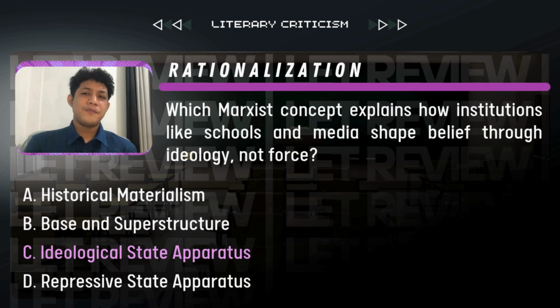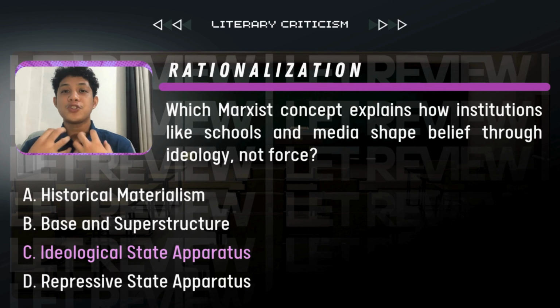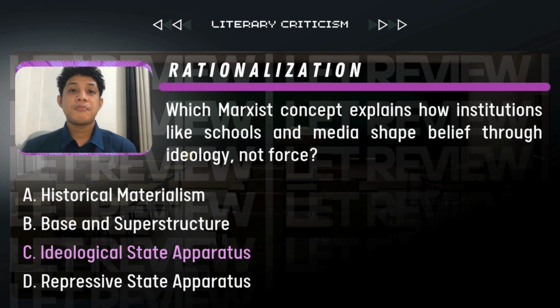So overall, letter C, because ideological state apparatus explains how institutions such as school and media maintain social control by shaping beliefs through ideology rather than force. So from the words ideological state apparatus, ideology, it is the correct answer for this question because it matches the meaning of the question.